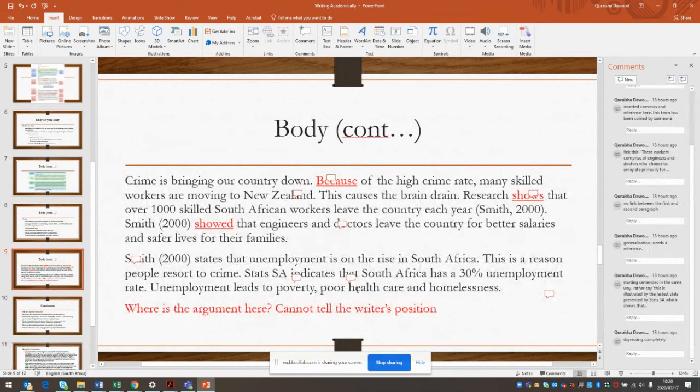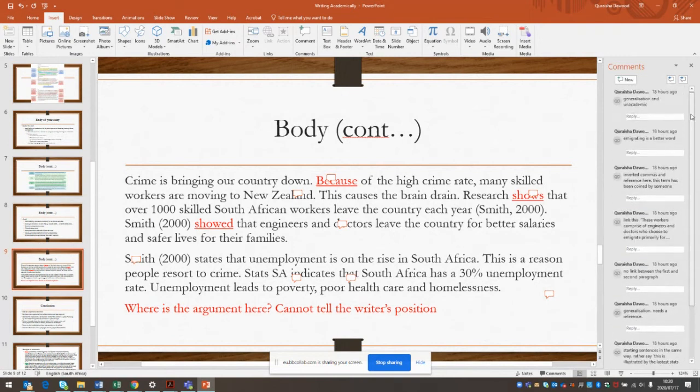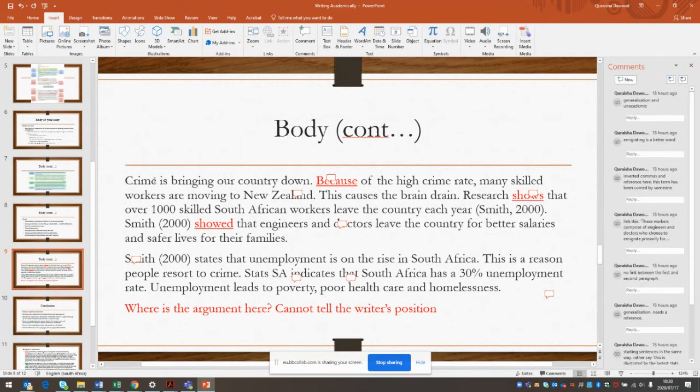This is the slide that I want to show you, which has lots of comments. This is silo-like writing. It's riddled with some errors, so I just want you to see the comments on this slide. Here we're looking at the element of crime, and the person starts with "crime is bringing our country down."